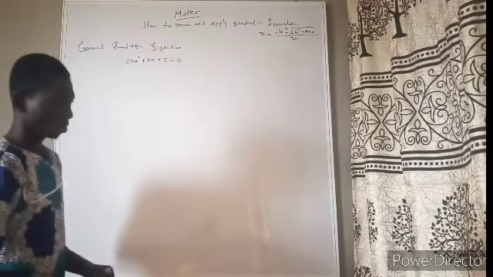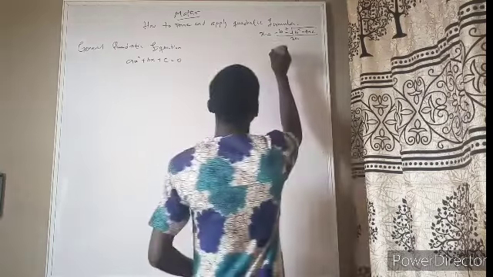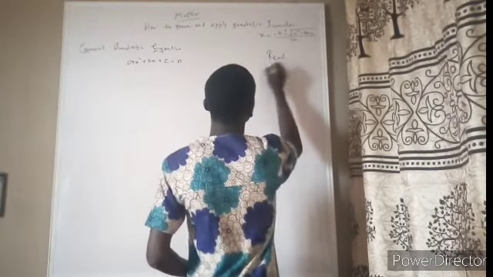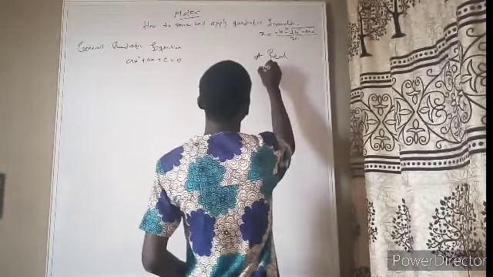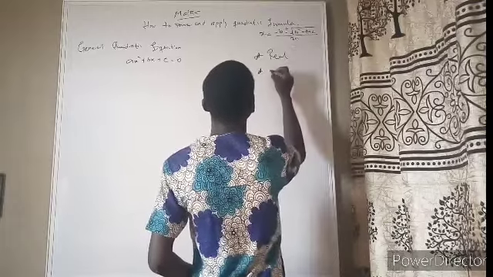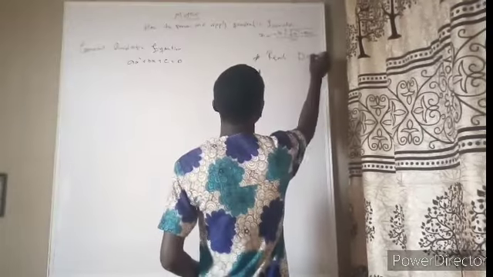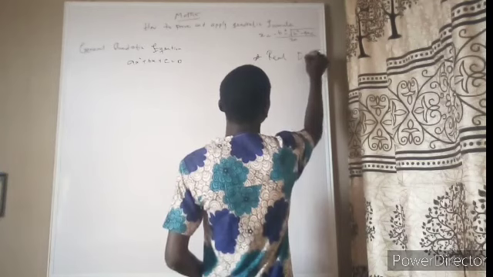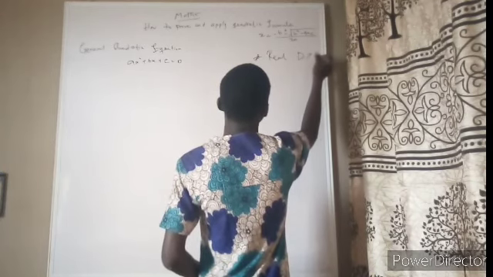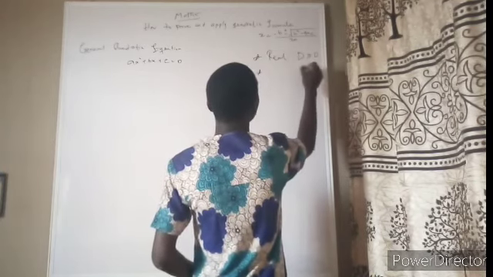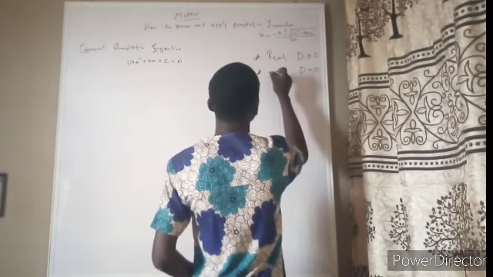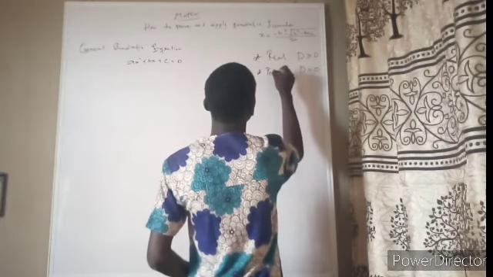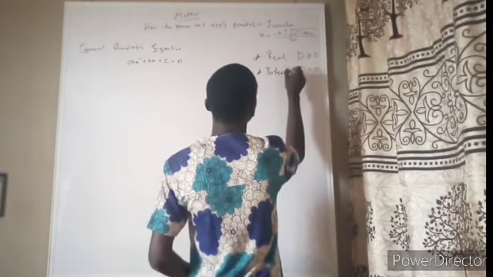Now we have three types of roots. We have the real or distinct root, which is when the determinant is greater than 0. When it is equal to 0, we have a perfect root or an ideal root.